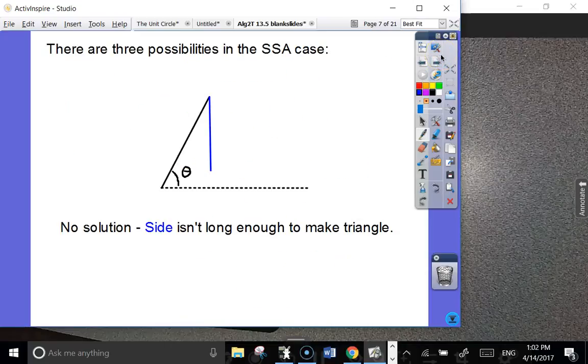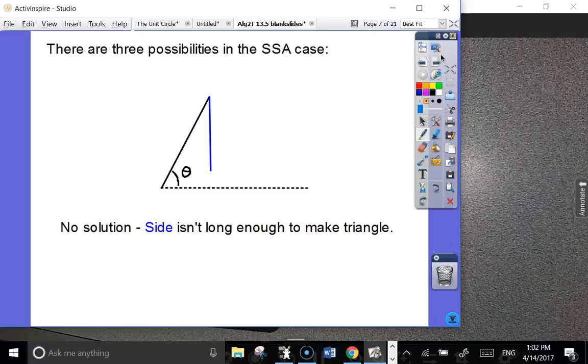Now, when it comes to the side-side angle, this is the one that's actually the most complicated, because there are 3 possibilities when you get a side-side angle. It's possible that there's no solution. So first, just to orient us, if it's side-side angle, it means you've been given the lengths of 2 sides, and you've been given the measure of an angle which is not the included angle between those 2.